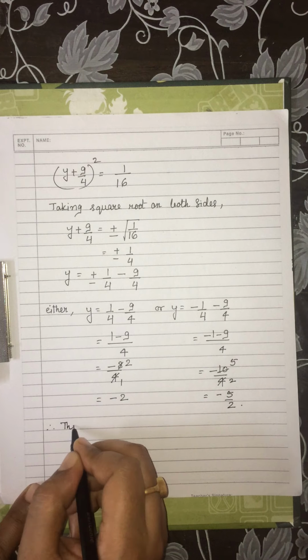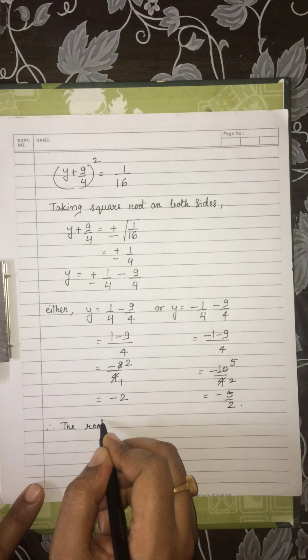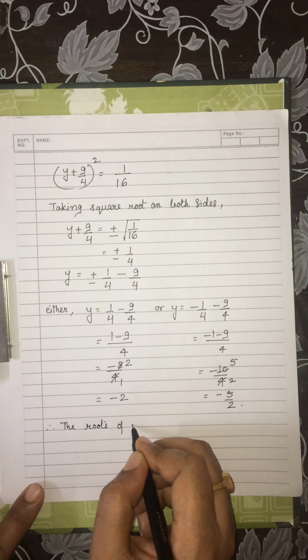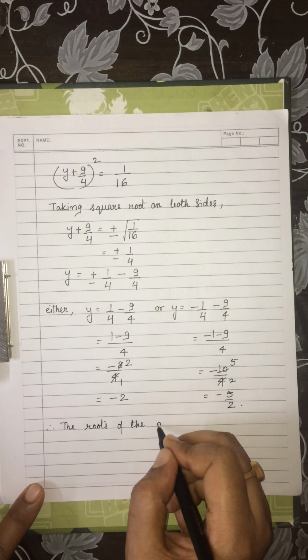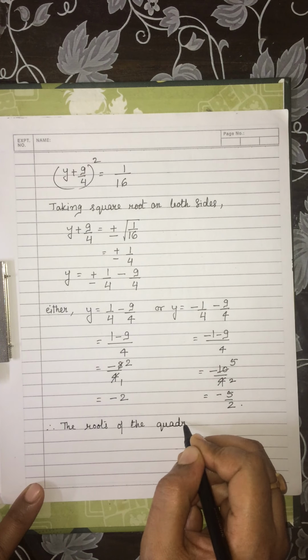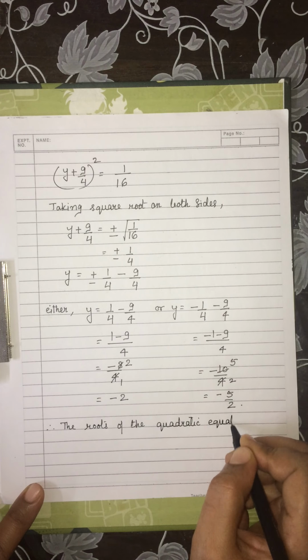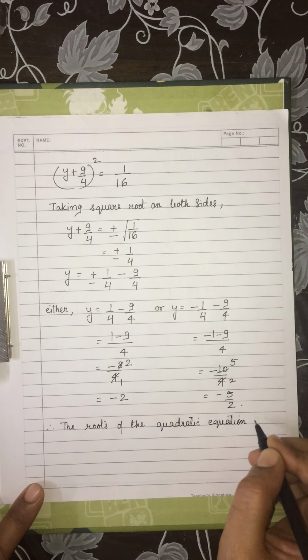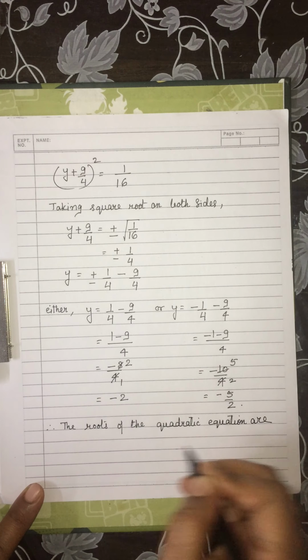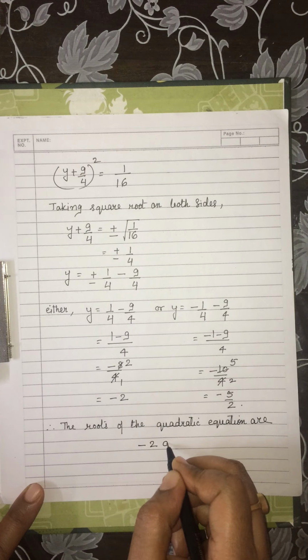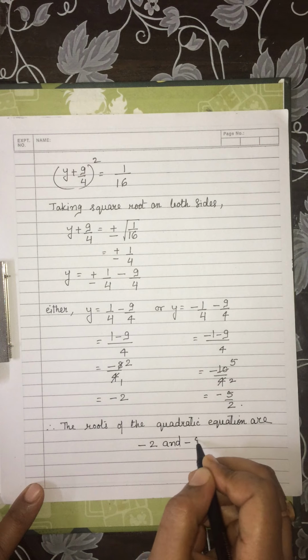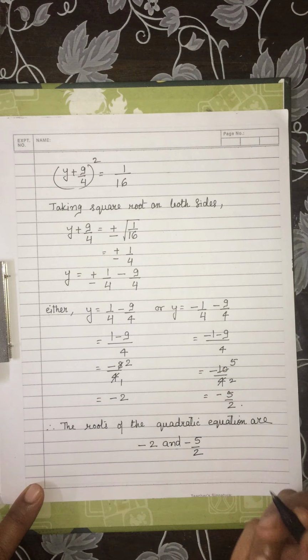Therefore, the roots of the quadratic equation are minus 2 and minus 5 upon 2.